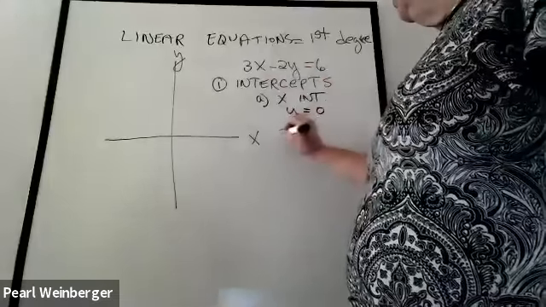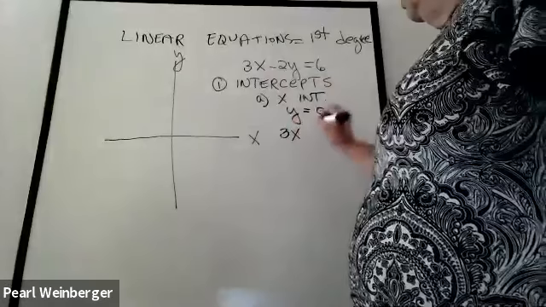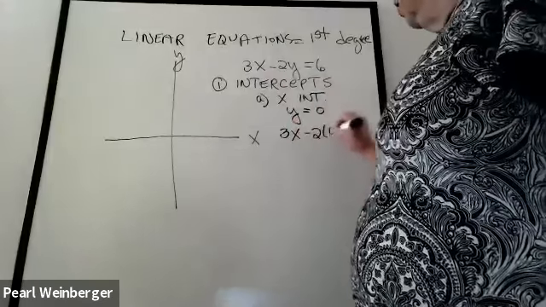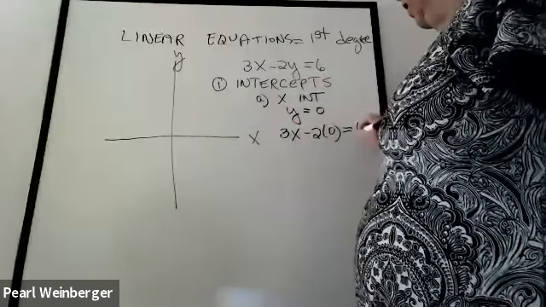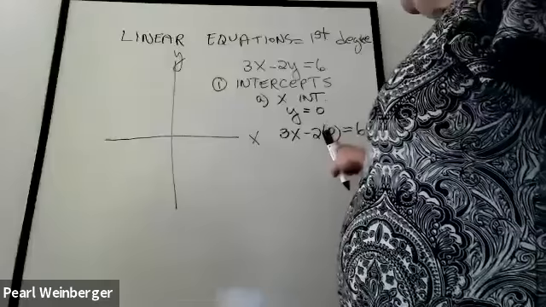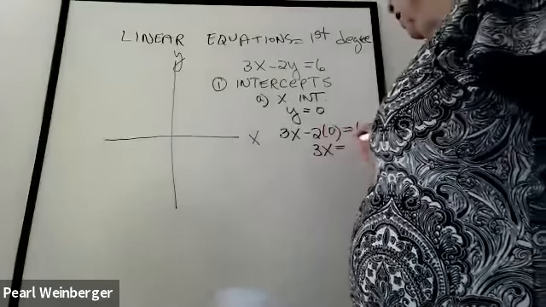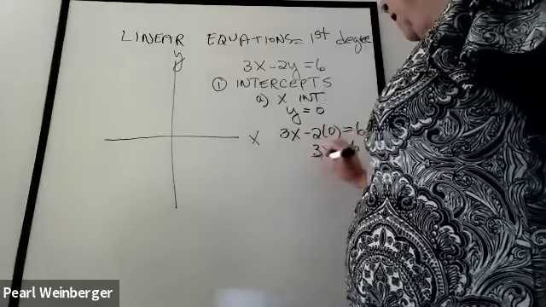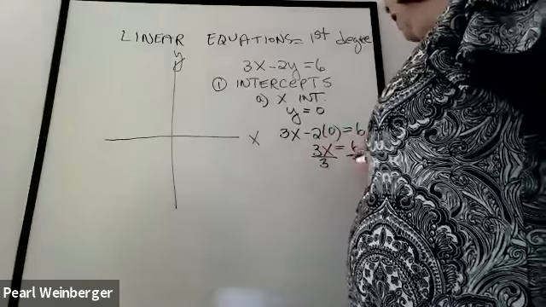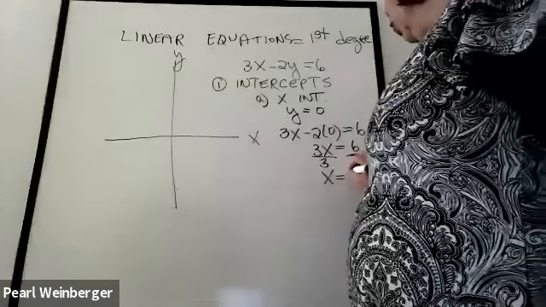Notice when I do that, I'll get 3x minus 2 times 0 equals 6. 2 times 0 is 0, so this is just 3x minus 0, which is 3x equals 6. And when I divide by 3, I get x equals 2.